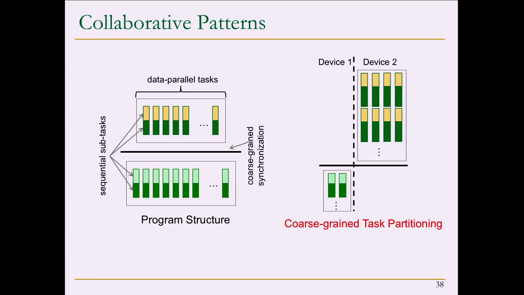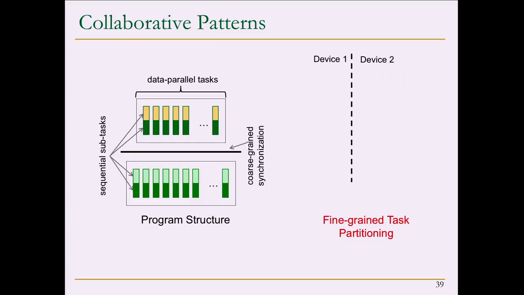Because they are working with different frames, and different frames are independent, we can have some kind of pipeline, right? So on the left side, device 1 could be working on one frame, while device 2 is working with the next frame. So this approach is more or less similar to pipeline execution.